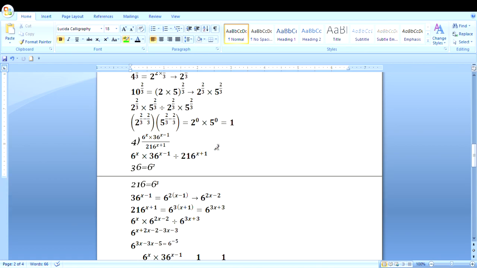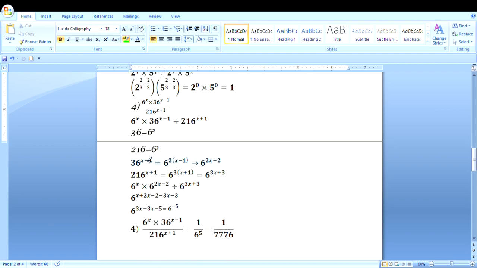Let's look at the last question here. 6 raised to power x times 36 raised to power x minus 1 divided by 216 raised to power x plus 1. So here, for instance, 36 can be expressed as 6 squared. Similarly, 216 can also be expressed as 6 raised to power 3.